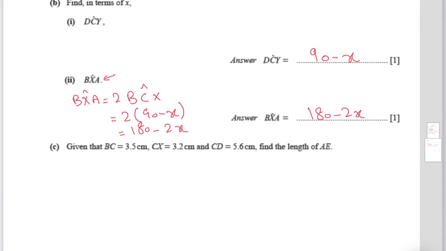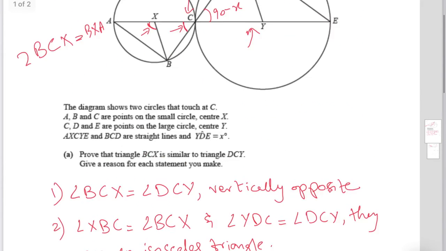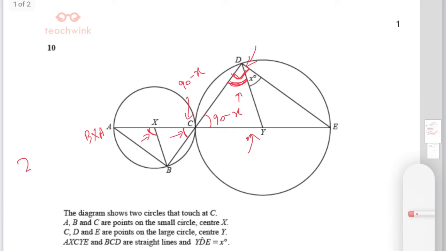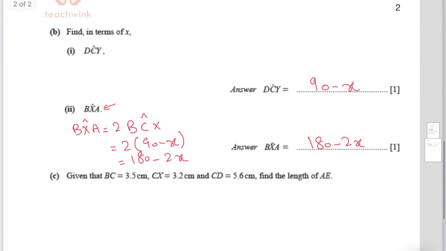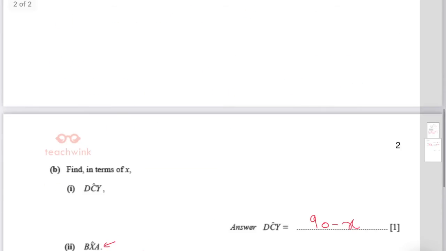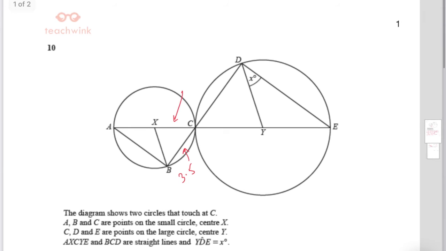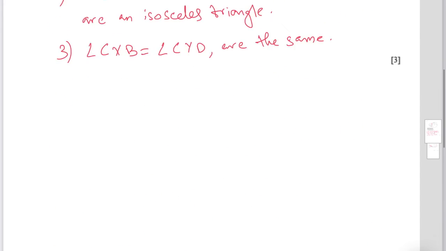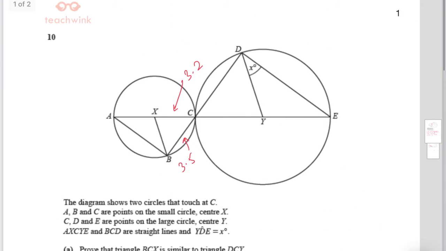Okay, the last part says given that BC is equal to 3.5 centimeters. Let's label them because there are too many dimensions mentioned. So BC is 3.5. Then it says CX is 3.2. And then CD is 5.6.